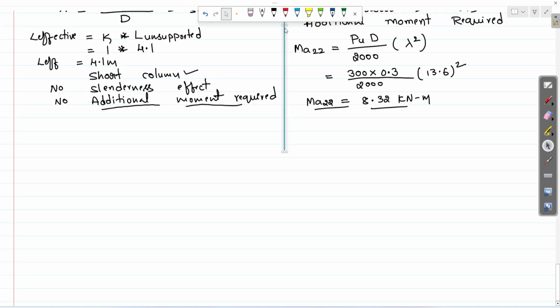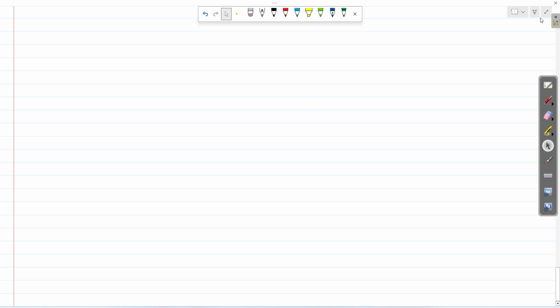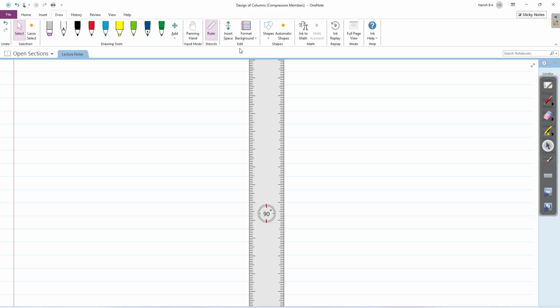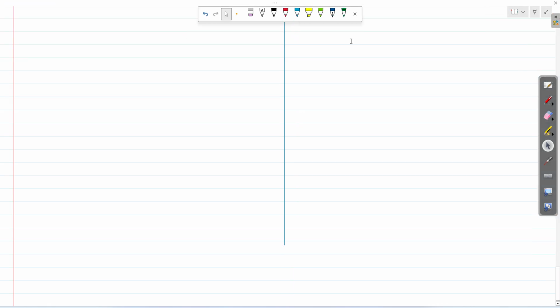So next, will be final design moments. So this axis is 3 and this axis is 2.